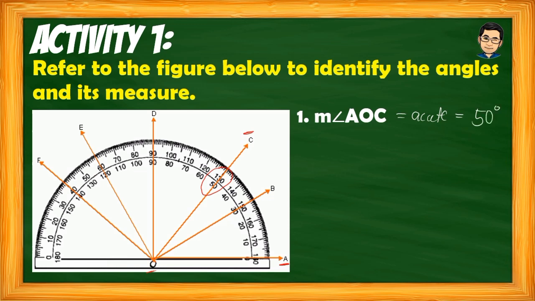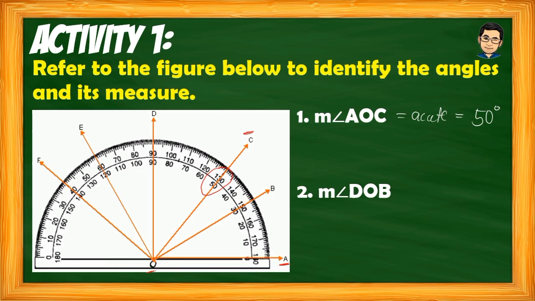Okay. Again, yung symbol natin for degrees, yan, yung maliit na bilog sa taas. Sir, bakit hindi po natin kinuha yung 130 degrees? Bakit 50 degrees po? It's because ang sukat po kasi ng acute angle ay sa pagitan po ng 0 and 90 degrees lang. Kapag 130 na, obtuse angle na po yun. Next, measure of angle DOB.